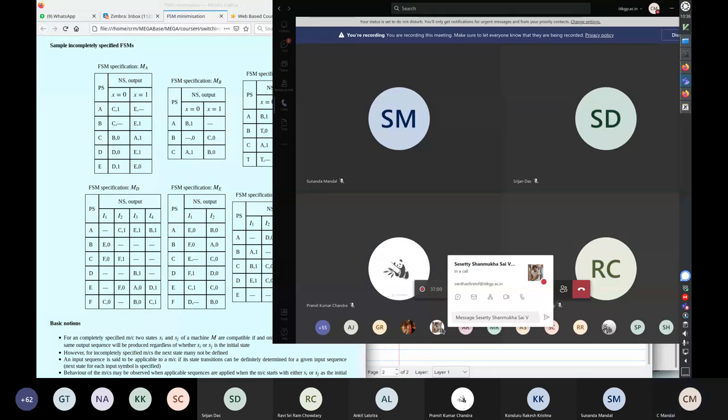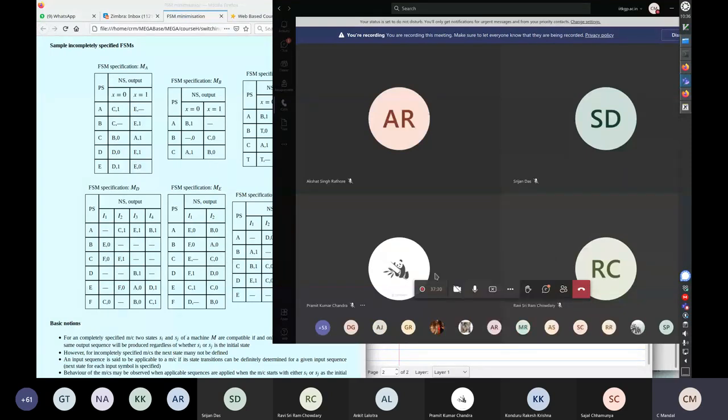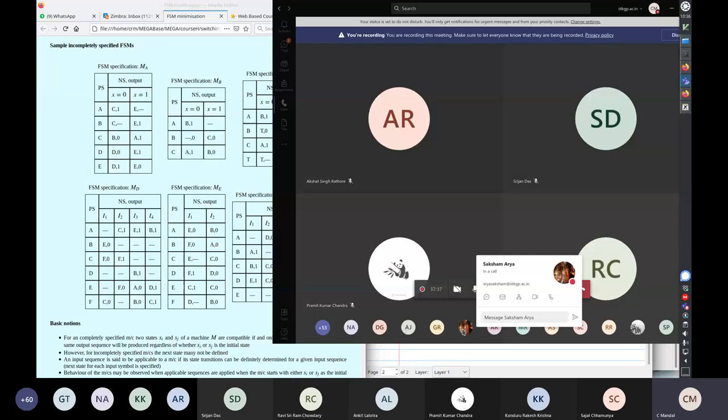Okay, so what can you say about the compatibility of states A and B for the machine MD? Should they be compatible? What do you think? Should they be compatible or not?